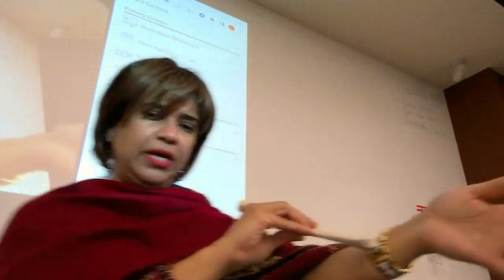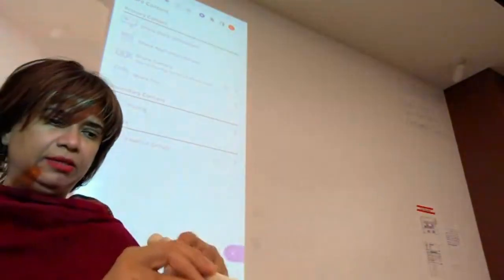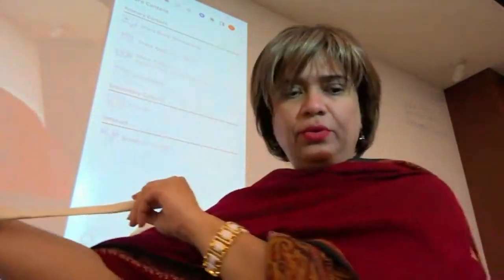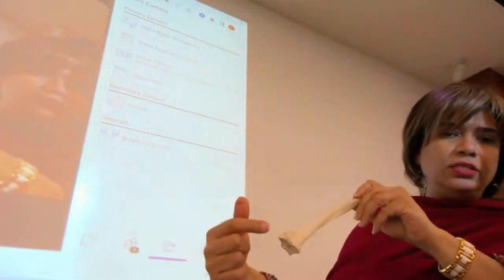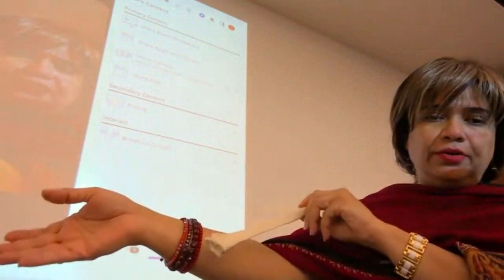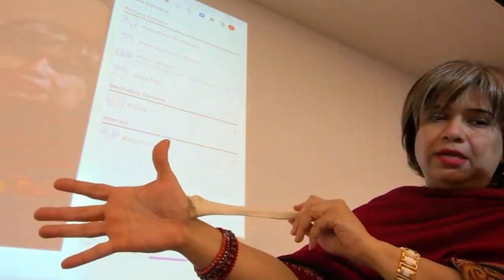So when I look at my hand, this is not correct because this is coming on the pinky side. So this has to be my other hand. And now I'm going to try on the other hand and see the smooth surface needs to be anterior. And the styloid process has to be near the thumb.